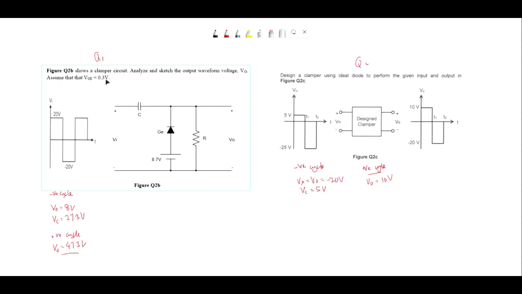Assume that VGE equal to 0.3 volt. Please do it by yourself. I already provide you with the final answer. Similarly for question number 2: design a clamper using an ideal diode to perform the given input and output in figure Q2C. You must provide the final proposal for your clamper circuit. So here is your final answer.